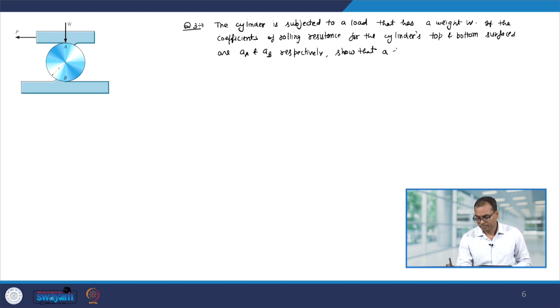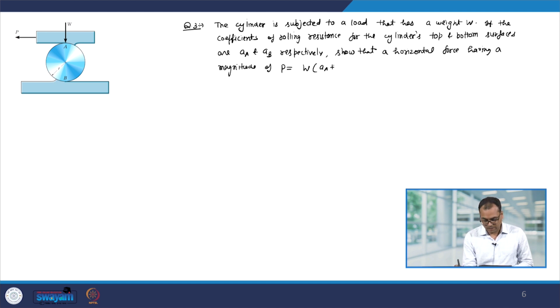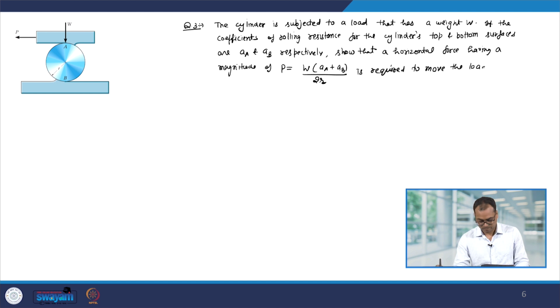show that a horizontal force having a magnitude of P equal to W into (aA plus aB) divided by 2R is required to move the load and thereby roll the cylinder forward.